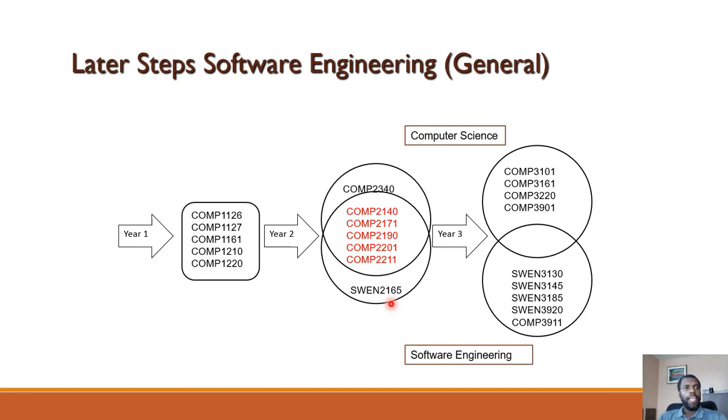If your major is software engineering general, then you're going to be expected at year 2 to take Comp 2140, Comp 2171, Comp 2190, Comp 2201, Comp 2211, and SWEN 2165, that's requirements engineering.